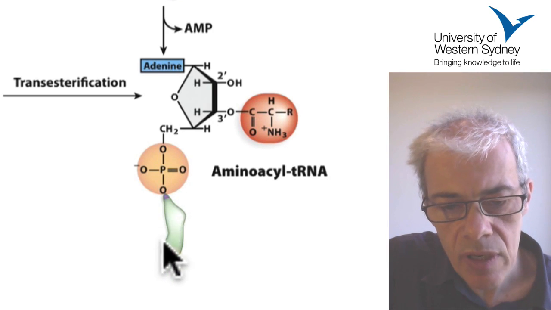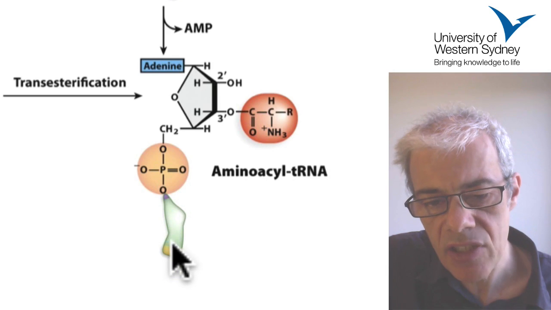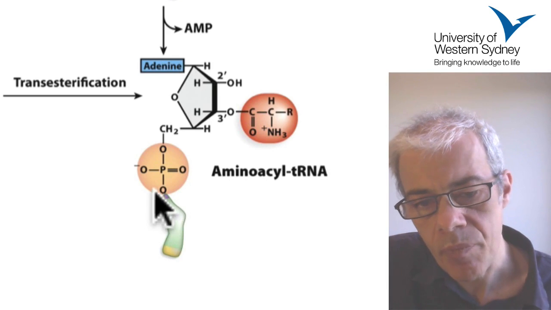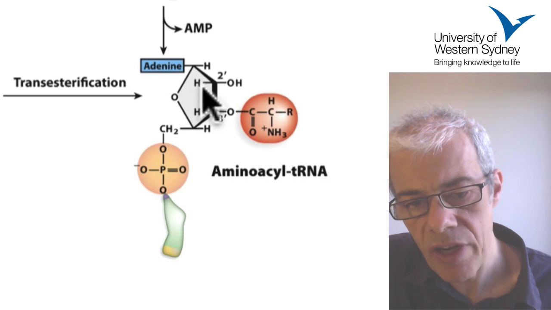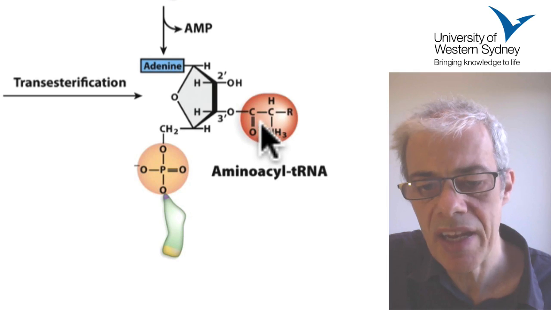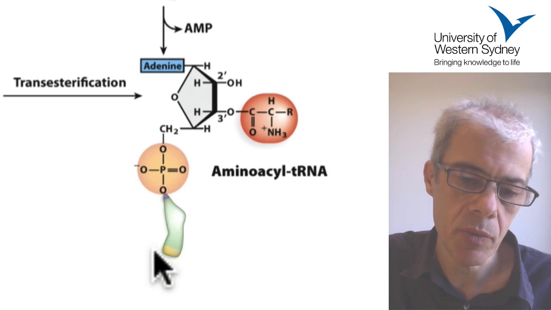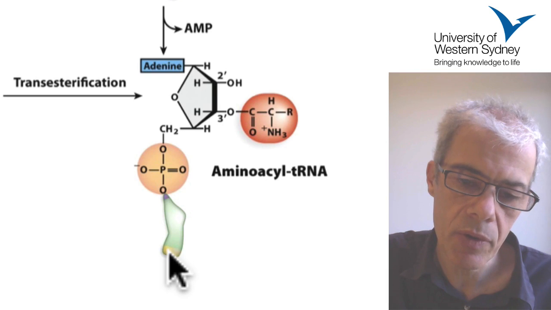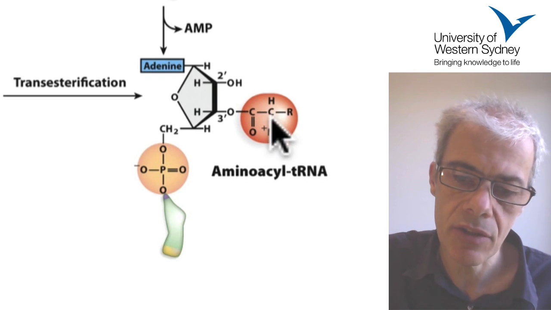So this little green blob here is the book's representation of a transfer RNA. This here is the last nucleotide of the transfer RNA, and it is now attached to an amino acid. So this is the adapter molecule, which has an anticodon that can read the codon of the messenger RNA, attached to an amino acid.